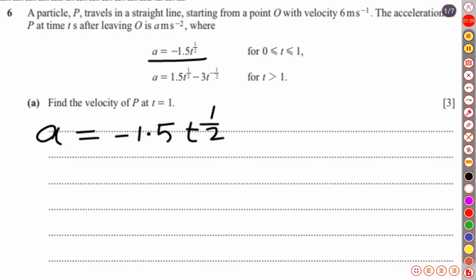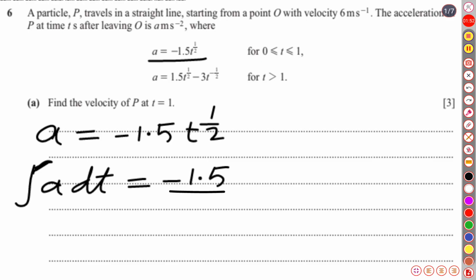If we integrate this with respect to time, dt, it is going to be negative 1.5. Then if we add 1 to the exponent, it is half plus 1, which means 3 over 2. So if we multiply, it is going to be 2 over 3. Then the exponent of t is going to be 3 over 2.